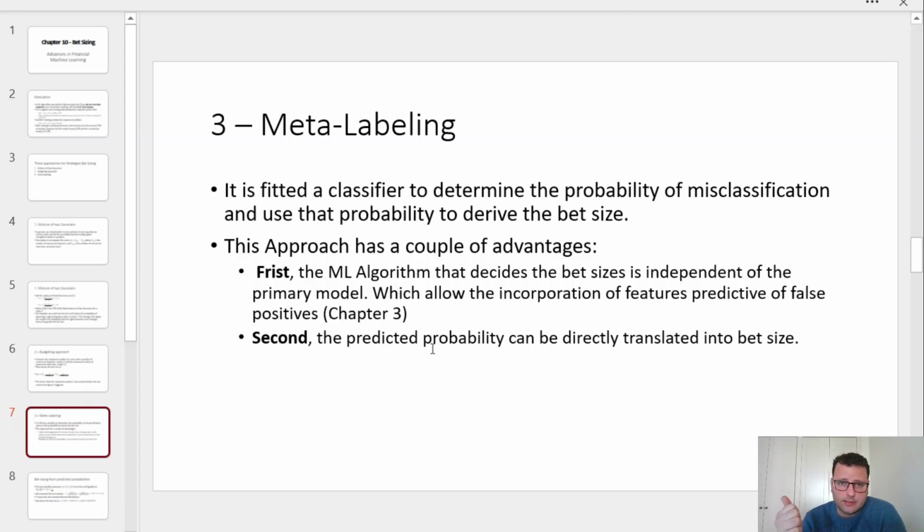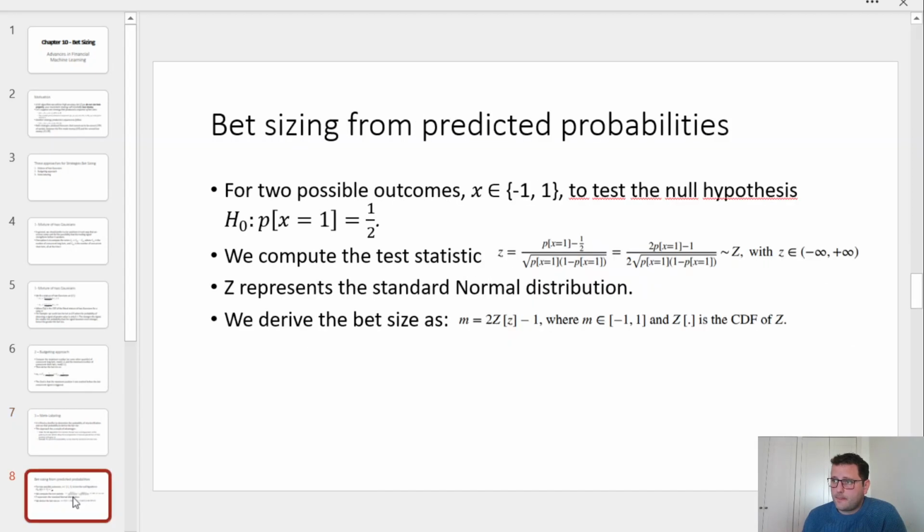The first is that the machine learning algorithm decides the bet independent of the primary model, which allows the incorporation of features predictive of false positives. The second advantage of this model is that the predicted probability can be directly translated into bet size. So how can we do this?